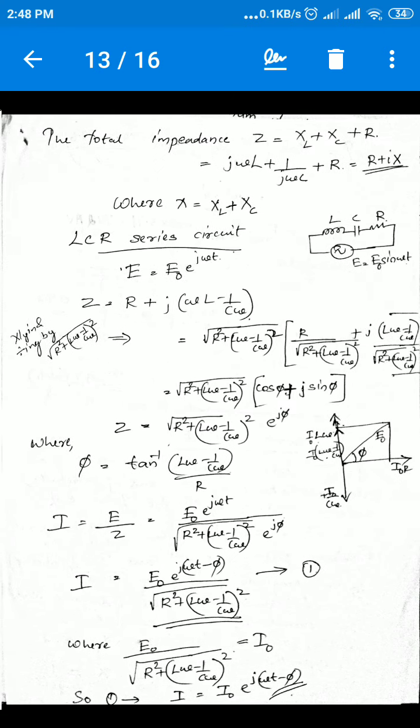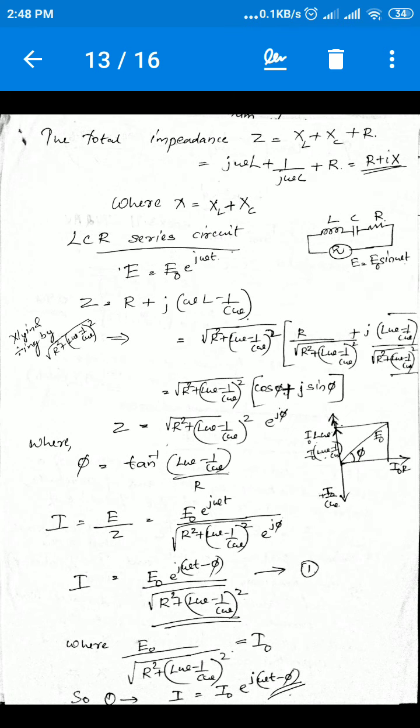Now let us go to the total impedance, and it is XL plus XC plus R. We know that it is j omega L plus 1 by j omega C plus R, and we call it the sum of an imaginary part and a real part. The real part is R, and the imaginary part, what is it?